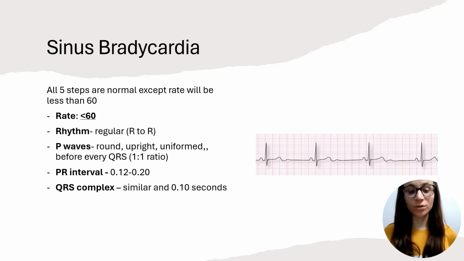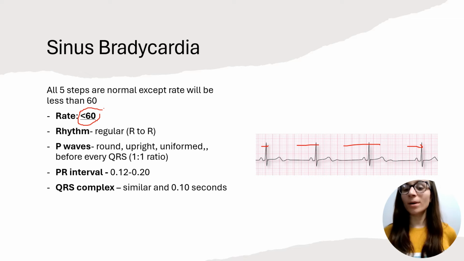So next we go on to sinus bradycardia. Same thing, it's sinus rhythm, but it's a slow heart rate. So everything's going to match up, and the only thing that you're going to see different is the rate is going to be under 60. So you have 1, 2, 3, 4. Excuse my drawing because this is really hard to draw in here. But that's 4 times 10 is 40. So you have a slow heart rate.